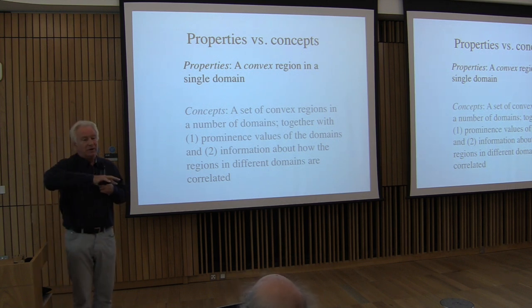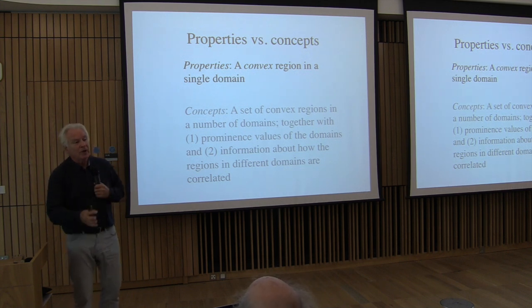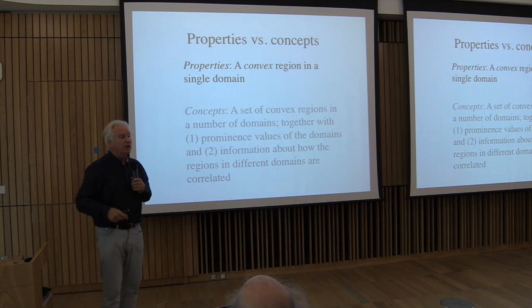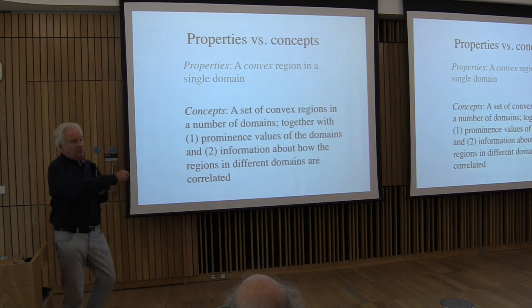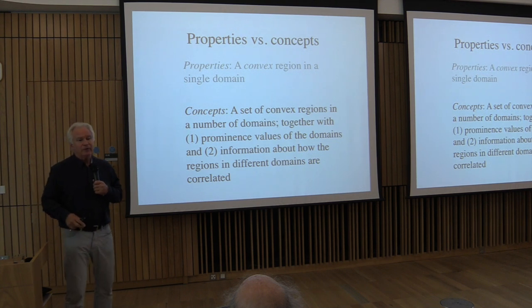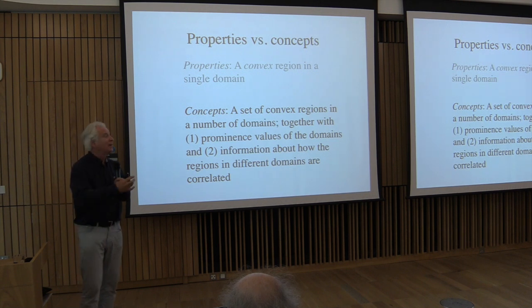So a color is a property, a shape is a property, a size is a property, a weight is a property, and so on. While concepts are configurations, things that have meanings in several domains or connect several domains.